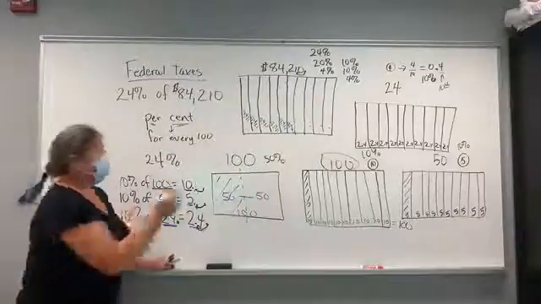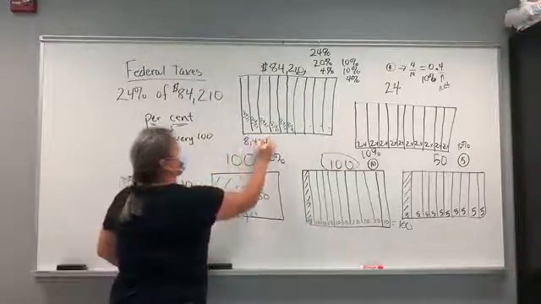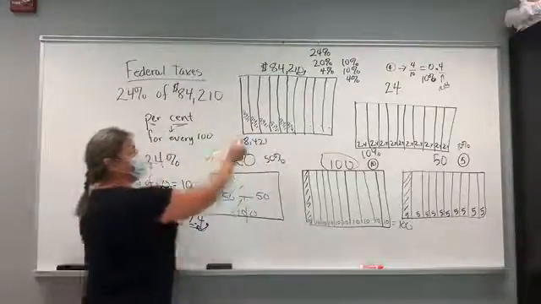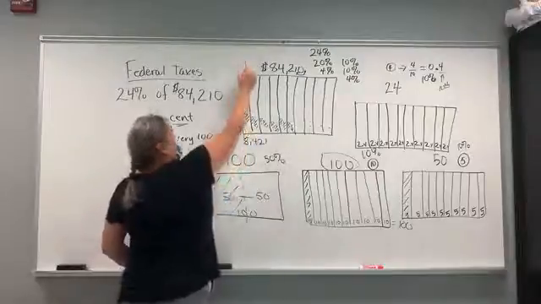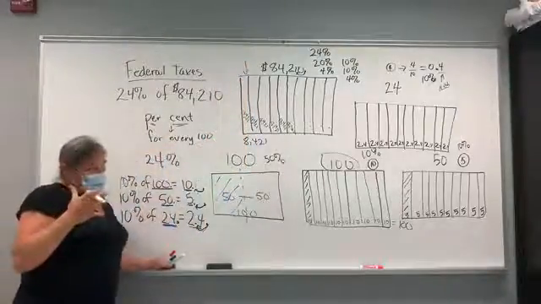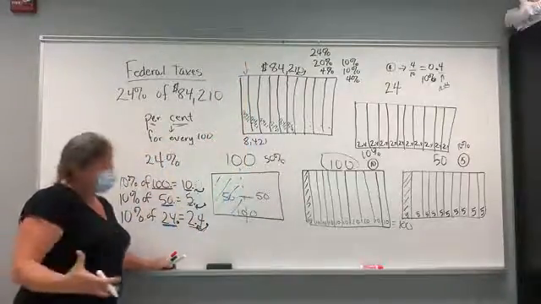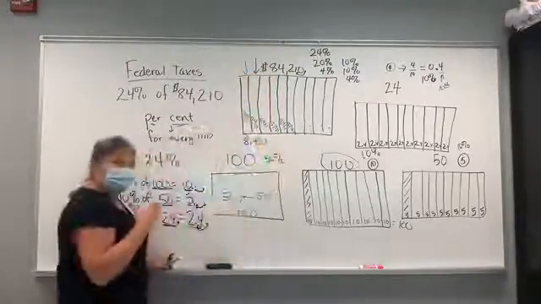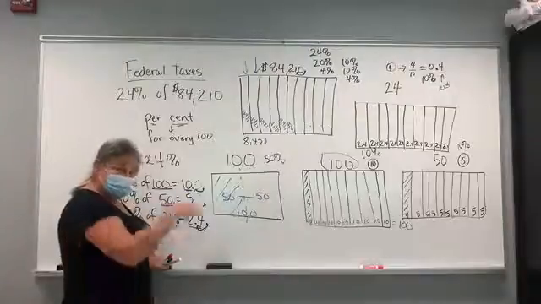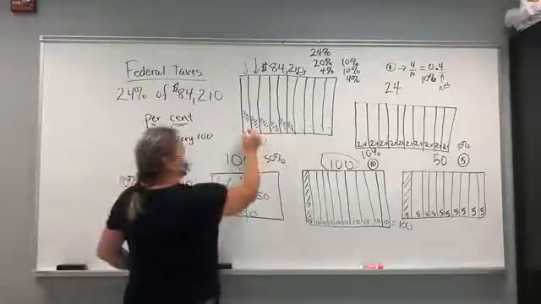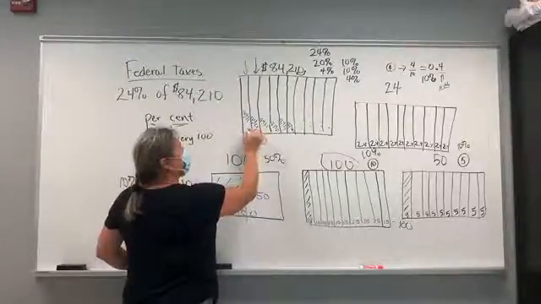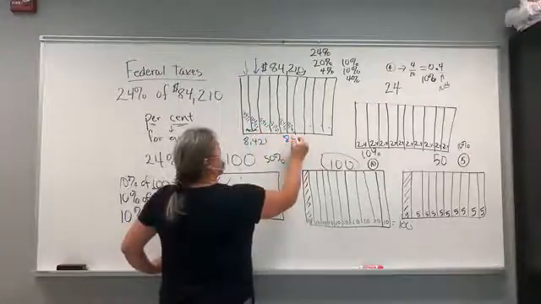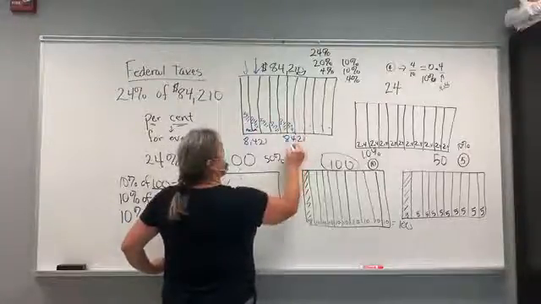So each of these is worth 8,421. So this is 10%, remember? So if we don't want 10%, we want 24%. So there's 10%, and another one would be another 10%, which is 20%. So that means 20% of these is two of these chunks together.